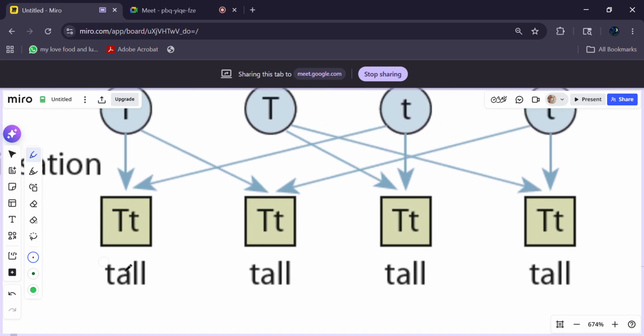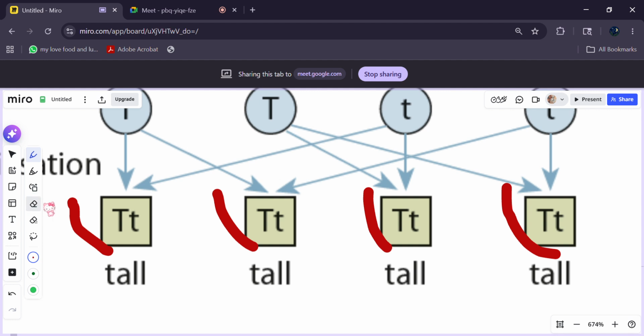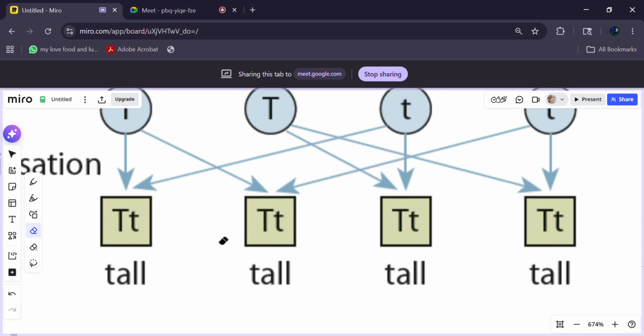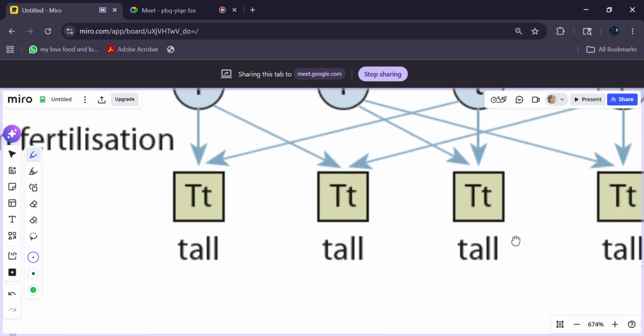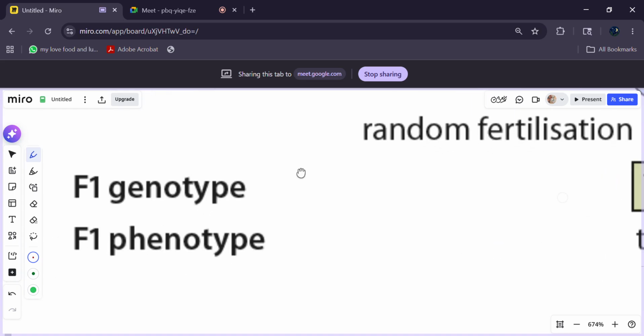Because in each genotype, the dominant allele is present. That proves that the dominant allele is the tall one. Because of that, all of the children are tall.